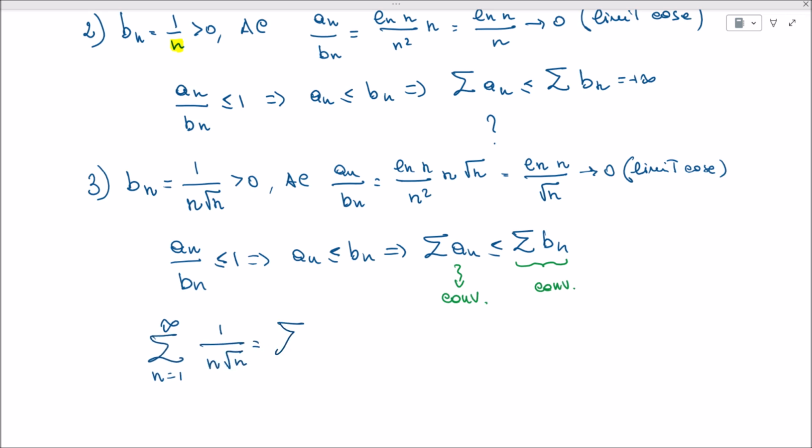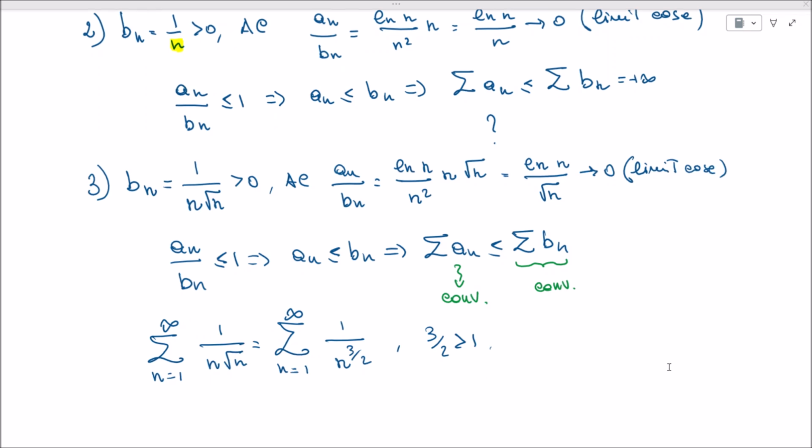But this can also be expressed as the sum from 1 to infinity of 1 divided by n to the 3/2. So because 3/2 is larger than 1, we know by what we found last time regarding the harmonic series that this is a convergent series. So we have solved the problem.